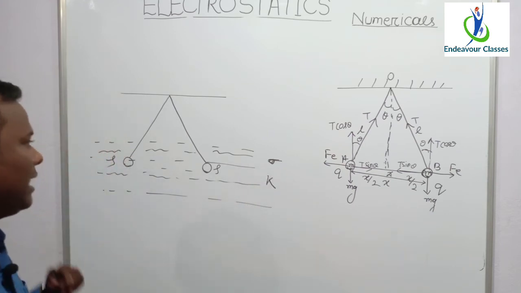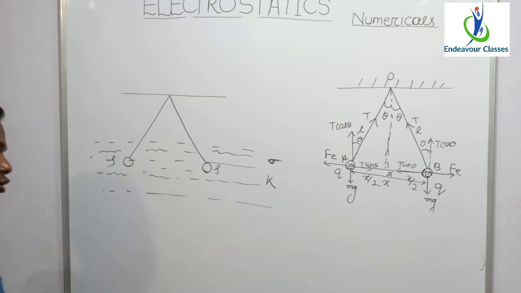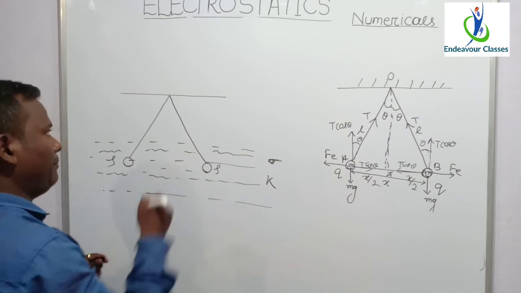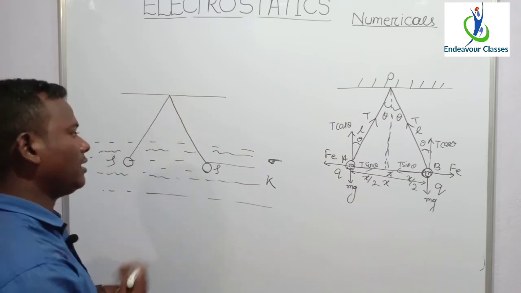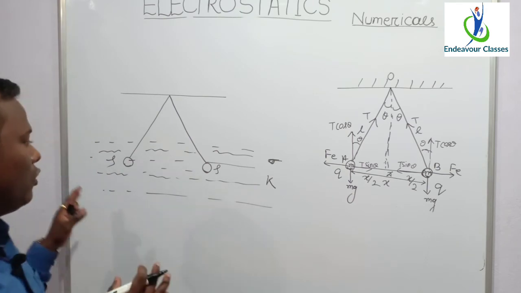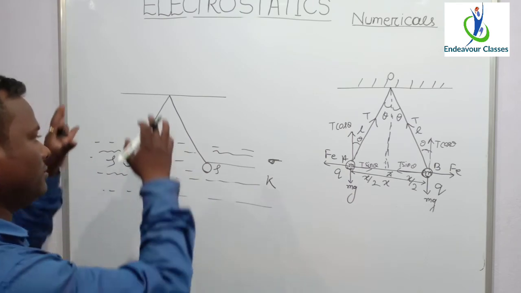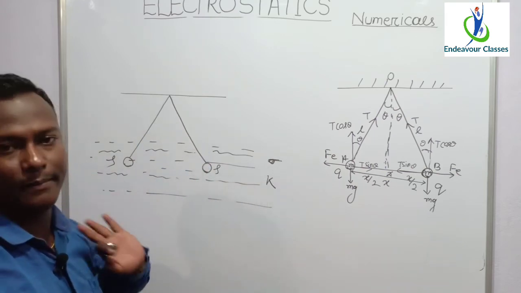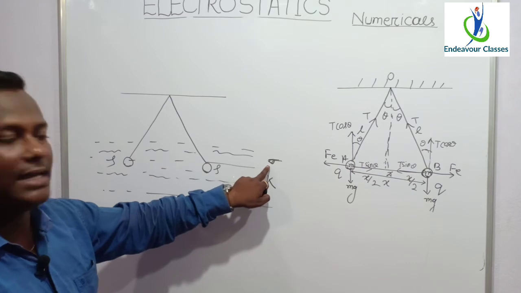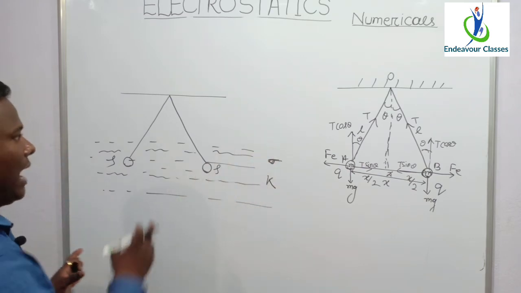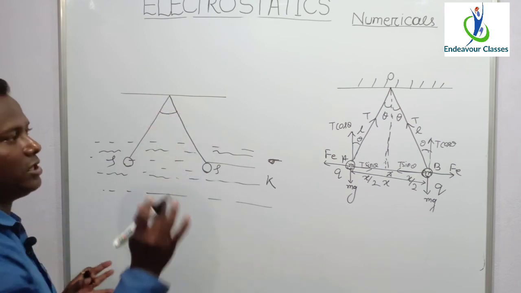So the question is something like this: two equal charges having equal mass are hanging from a rigid support from the same point by means of two non-conducting strings. Now when this entire system is dipped in a liquid of dielectric constant K and having density sigma, such that the angle between the strings does not change.